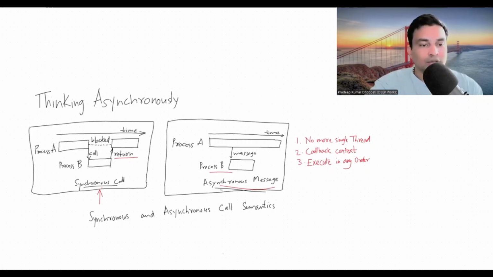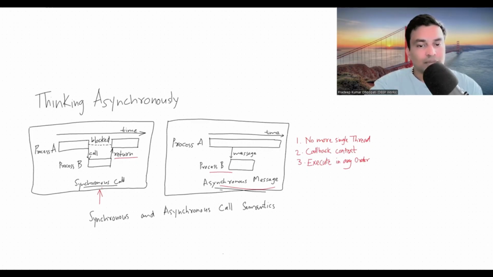In a synchronous call, process A is the calling process which calls process B, the sub-procedure, and process A is blocked until it receives a response or an acknowledgement back from process B, and continues to process after it receives the response or the results from process B.